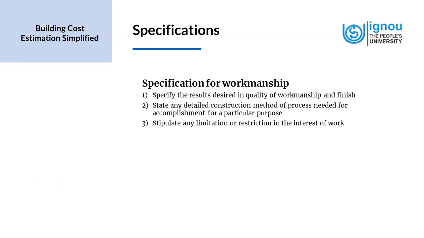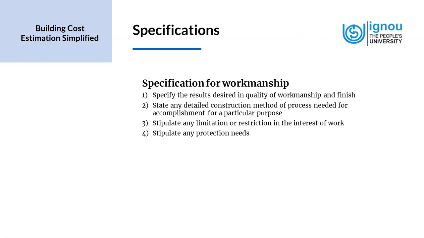Stipulate any limitation or restriction in the interest of works. For example, in the excavation of hard rock, if blasting is prohibited, then the rock shall be excavated by mechanical means using JCB excavator, etc.